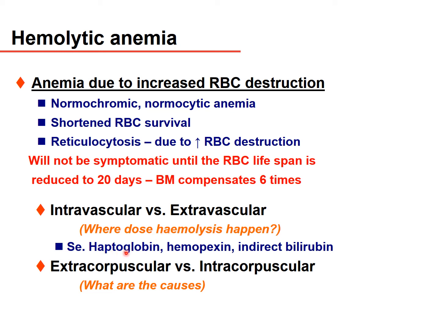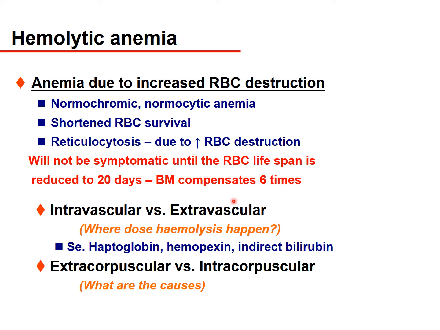We can measure the haptoglobin level, because if the haptoglobin and hemopexin levels decrease, it means that we have an intravascular hemolysis, because in the circulation, in the plasma, when we have a release of heme or hemoglobin, these two carrier proteins are going to bind this component, and after being bound it is taken up by the reticuloendothelial system, so the phagocytic system.